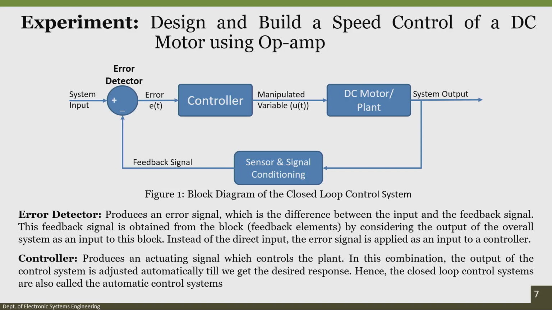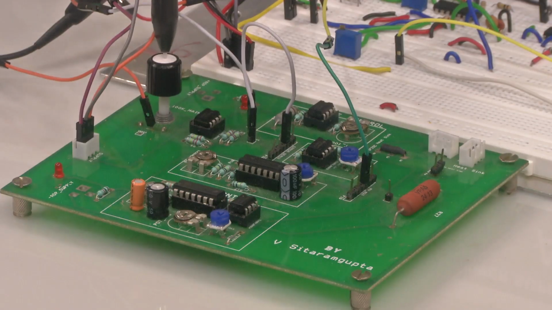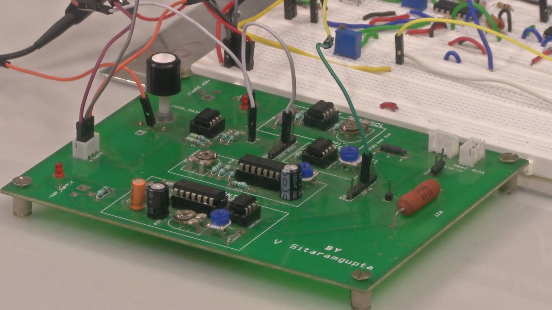When we look into our slide, recalling the complete closed loop control system, the input to be given, which is the set point to the system, will be given by using this potentiometer. We can provide the set point required for the complete system. The next block in the closed loop system is the error detector.